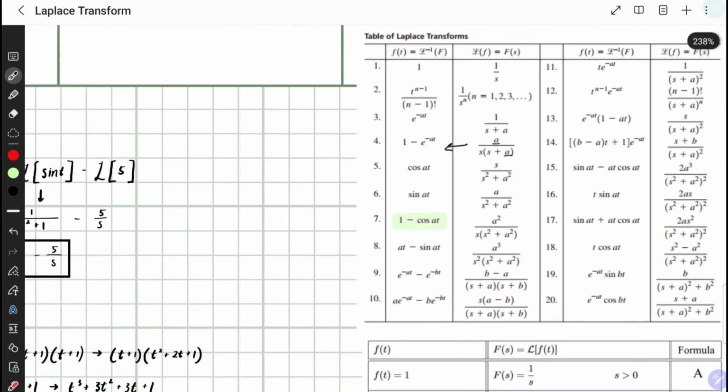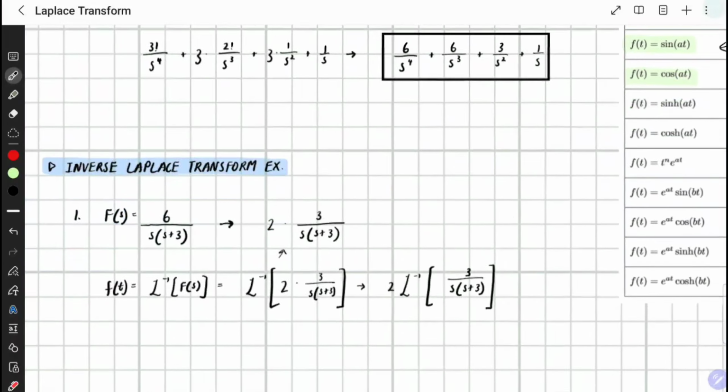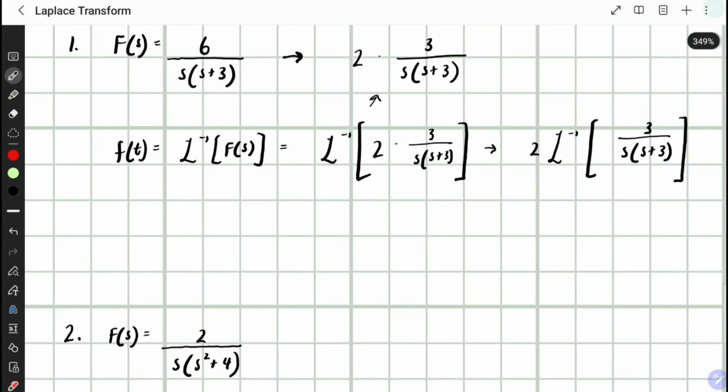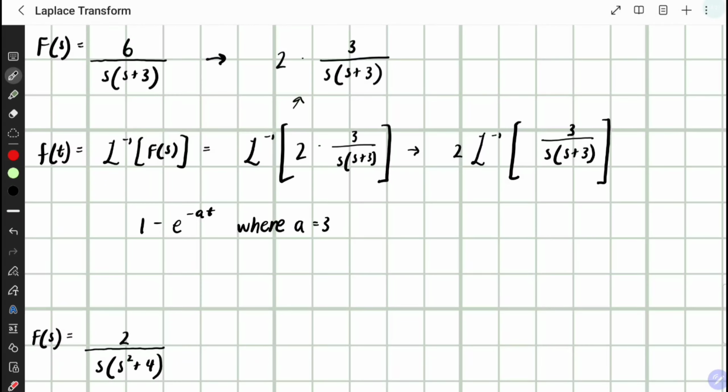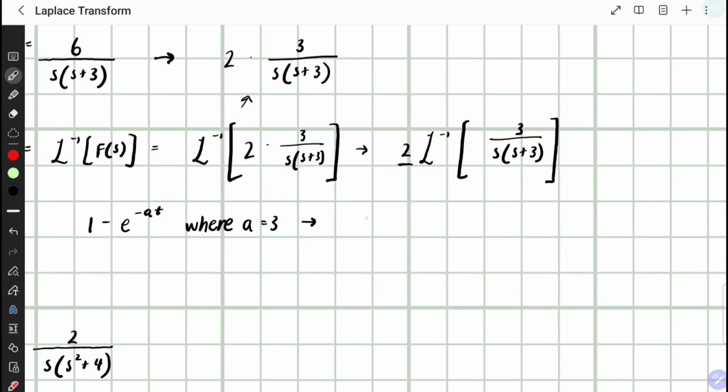1 minus e to the negative at. So we get 1 minus e to the negative at, where a in our case is equal to 3. Don't forget our factor of 2, so that's 2 times 1 minus e to the negative 3t. We just plugged back in a.